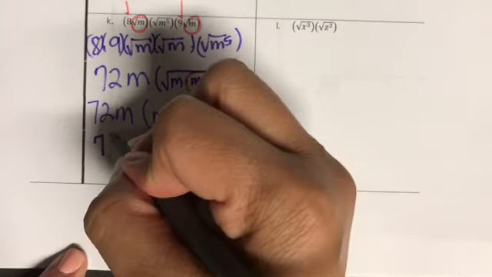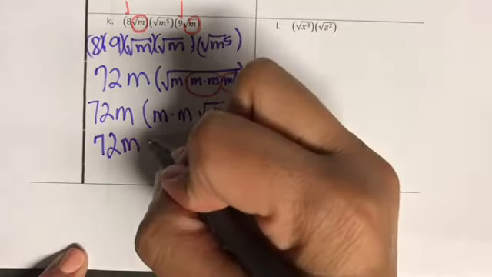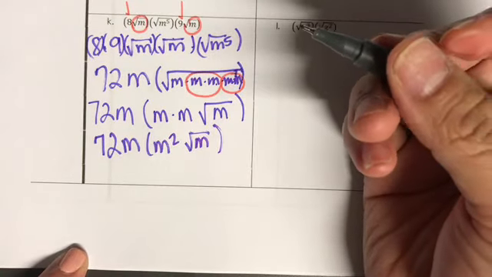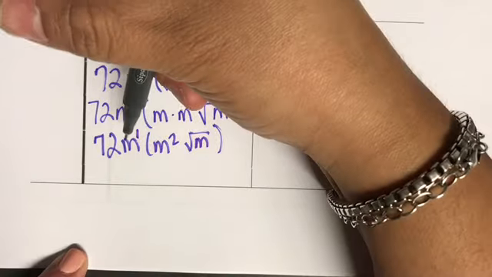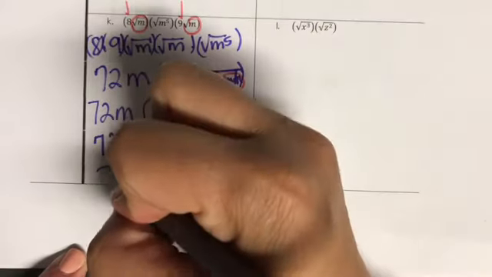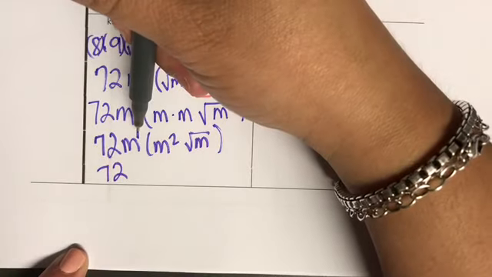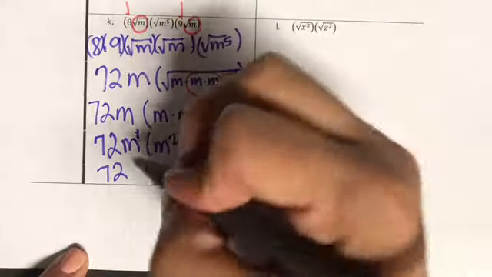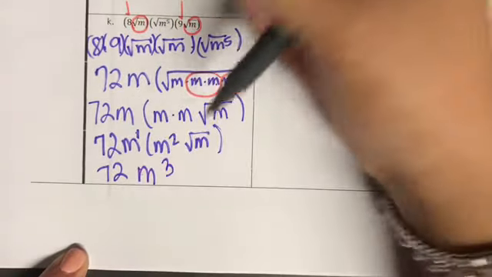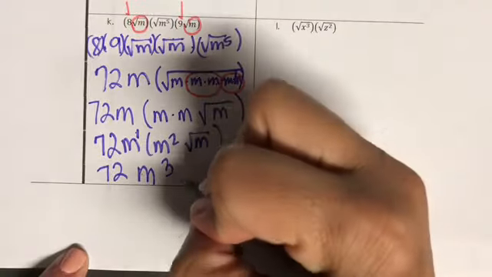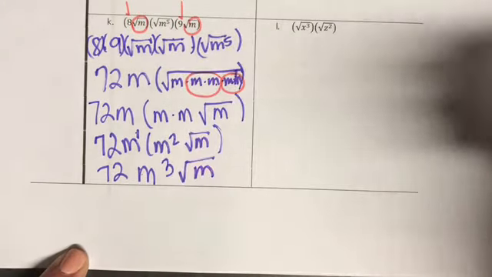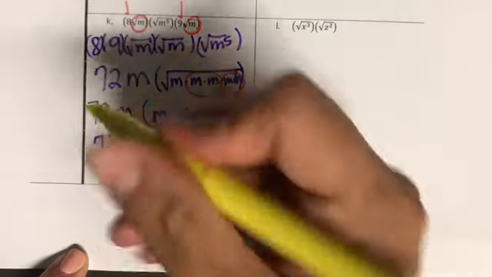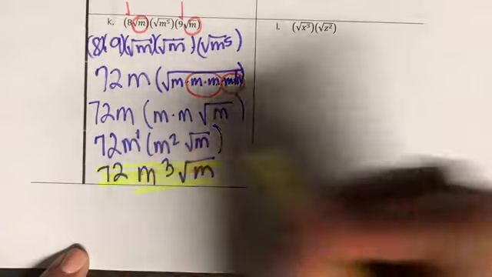Keep on working. 72m times m squared times the square root of m. So 72, bring that down. I have m to the first power, m to the second, so I get m to the third. And then this is left on its own, times the square root of m. This is a very complicated problem, but this whole thing is a solution.